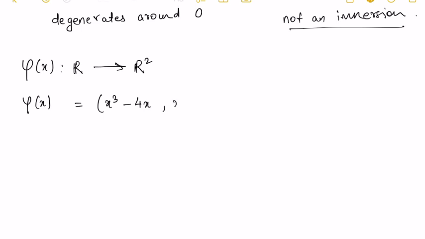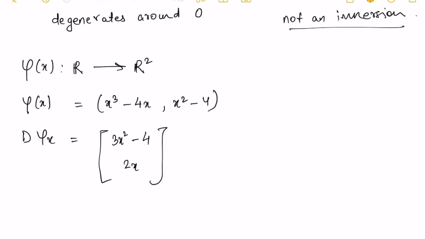You'll see why we have such a complex definition, because we want a specific plot. And the Jacobian here, I'm writing it out directly, is 3x square minus 4 and 2x.